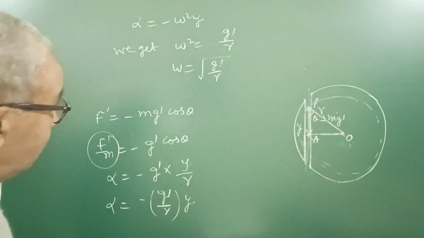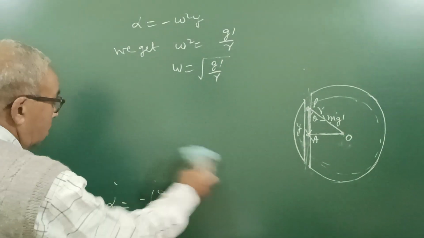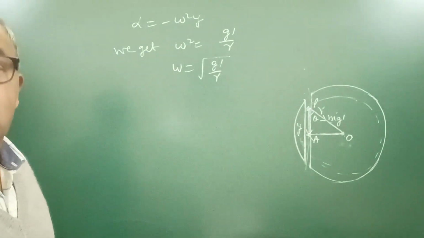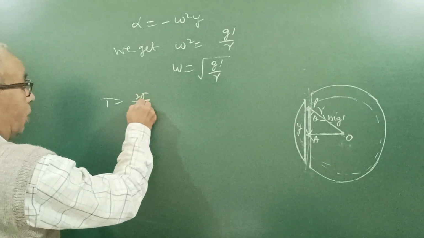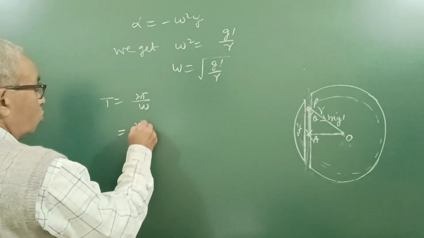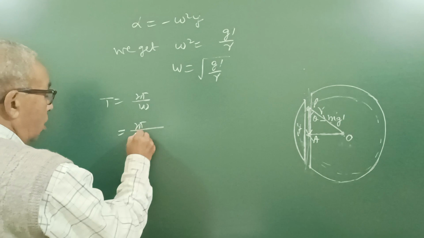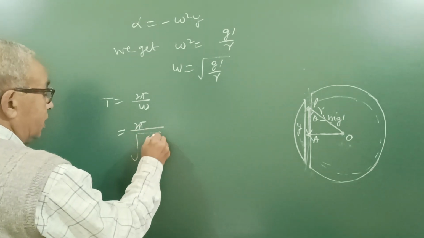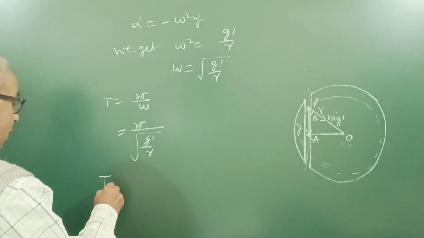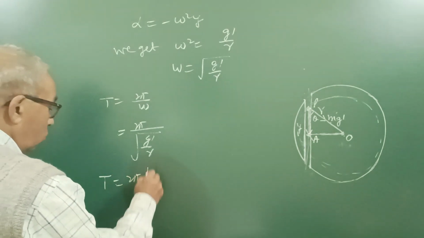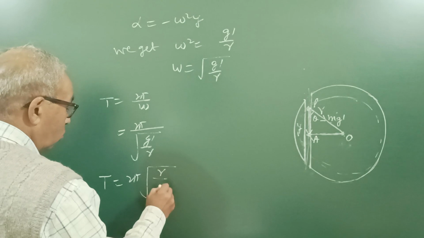And so the time period of motion, T equals 2 pi upon omega, which is 2 pi under root g dash by r, or you can write T equals 2 pi under root r upon g dash.